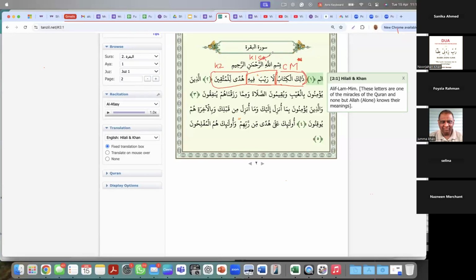Hudan lil muttaqin. Hudan, is it mabni? Mabni, yes. And it is an ism, first of all. So, guidance for the ones who have taqwa. Considering the lesson we just did, is Hudan lil muttaqin a sentence or a fragment?